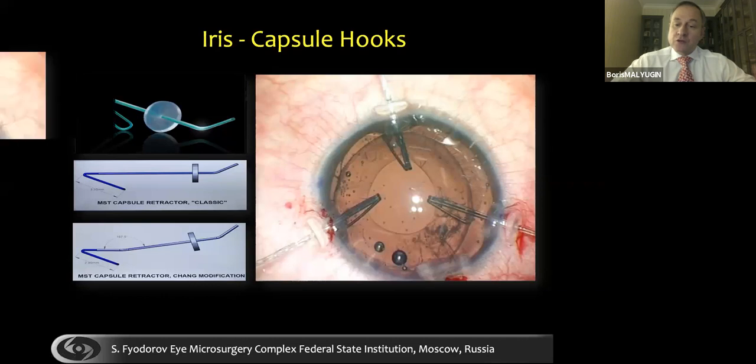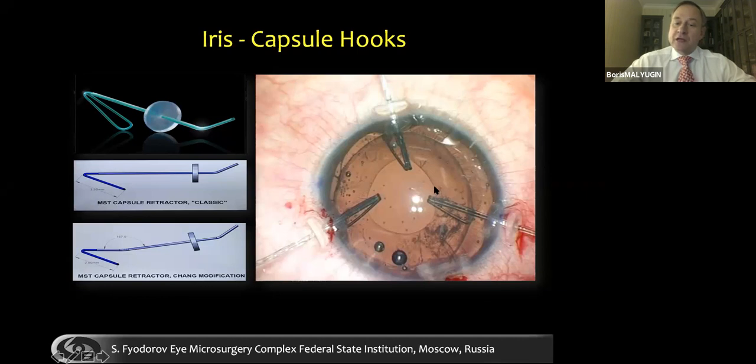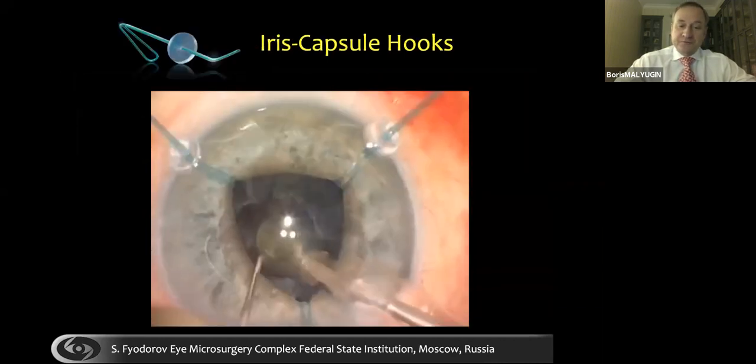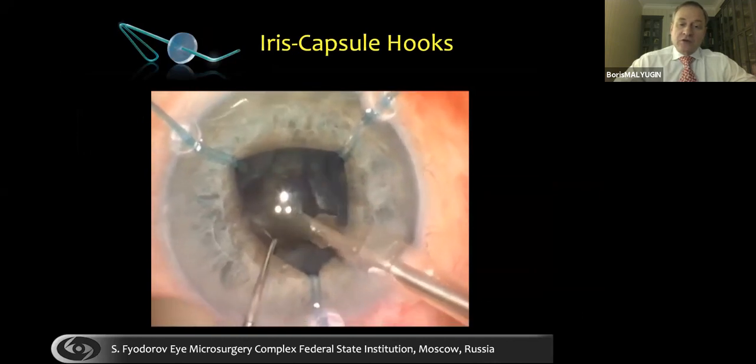So the edge of that device is resting on the equator of the capsular bag, and there is a gap between the tip of that device and the anterior capsule. So there is no stress on the anterior capsulorhexis edge, and there is no chance that the capsule will be ruptured by rhexis radialization. So this is how these devices work.